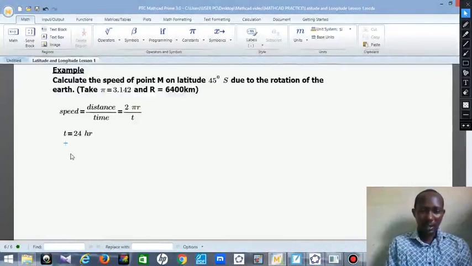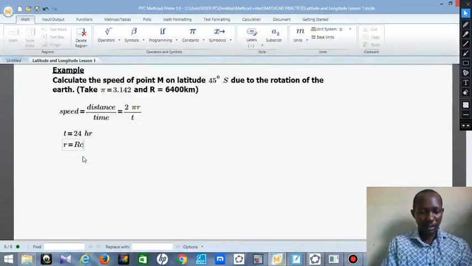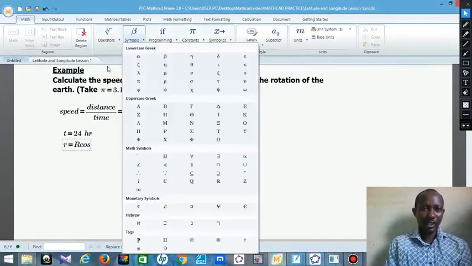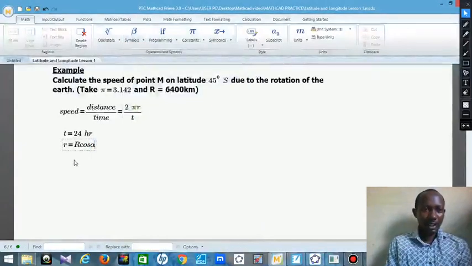Then we need our r. How do we calculate r? We have already proved in the other section of our calculation that r is capital R cos alpha, where alpha is the latitude that is given. Just take note of the formula.